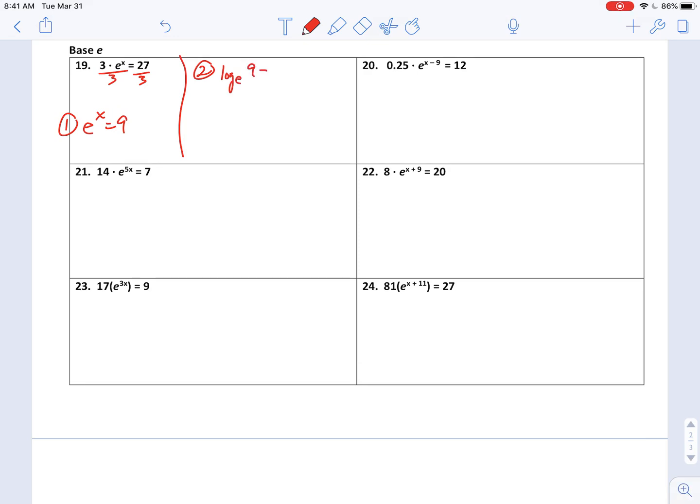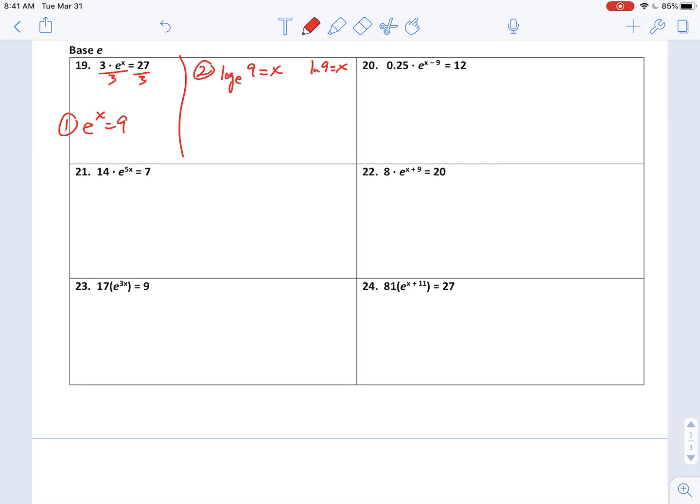And our second step is still going to be the same, but now we've got a base e. So log base e of 9 equals x. Remember that exponent always goes on the other side of the equal sign. And we could write this if we really wanted to as natural log of 9 equals x.